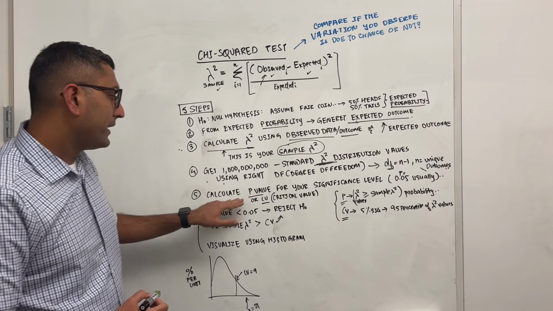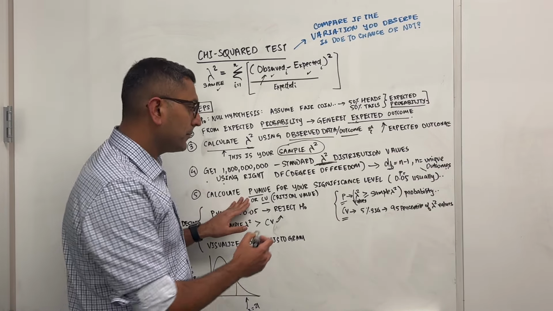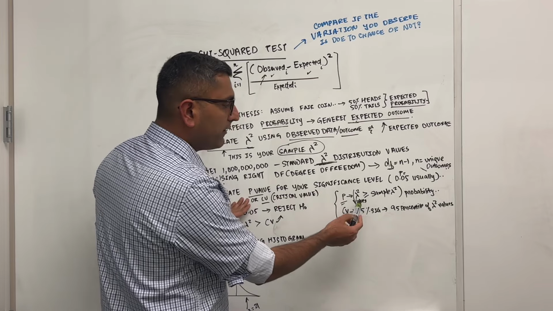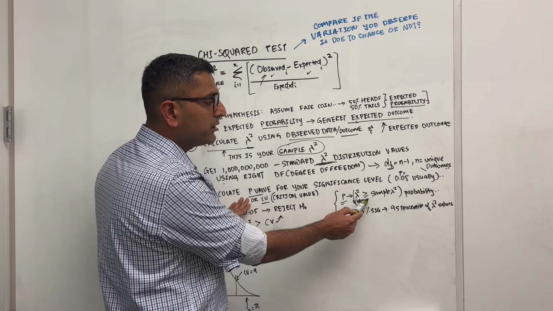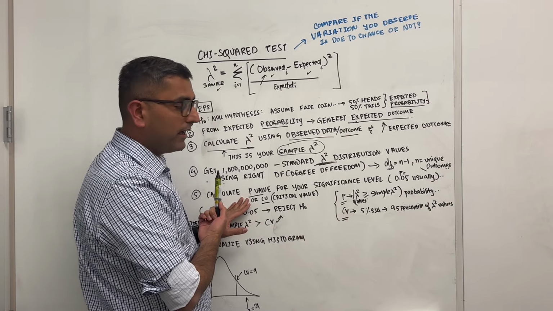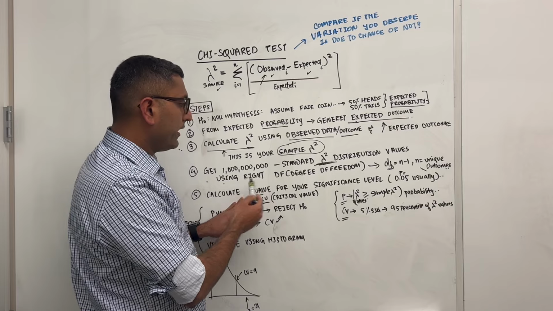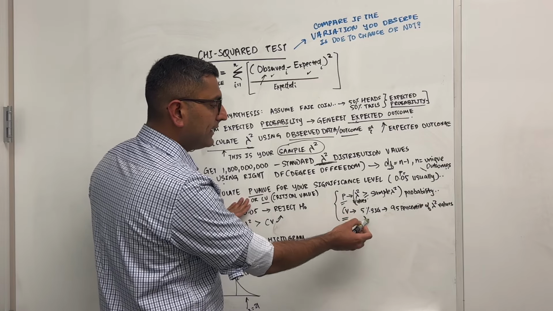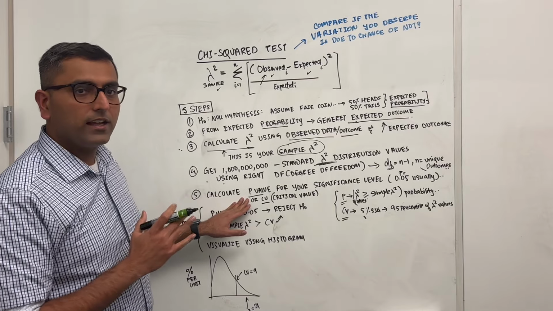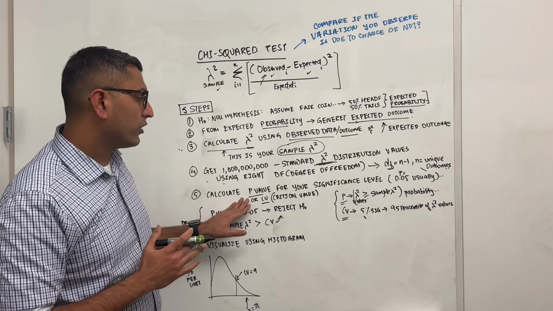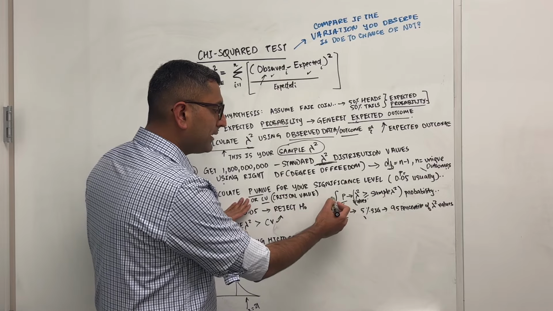Yeah. So we calculate the p-value, which is nothing but the probability of observing a chi-square greater than or equal to my sample chi-square. So if my significance level is, let's say, 5%, meaning I'm only going to make this decision if I'm at least 95% sure, then I can calculate the p-value very easily.